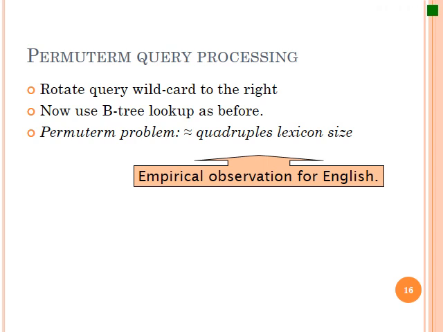This is an empirical observation due to the average length of words in English. Every time you have a word, you have to create variants of that word, so on average the number of variants will be 4, and that's why it quadruples the size.